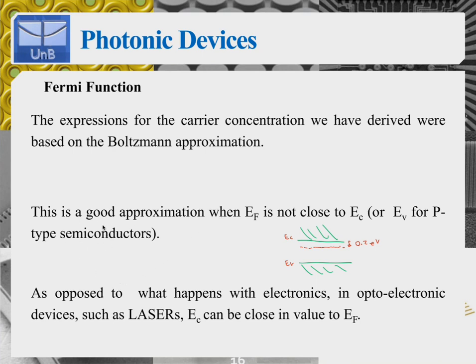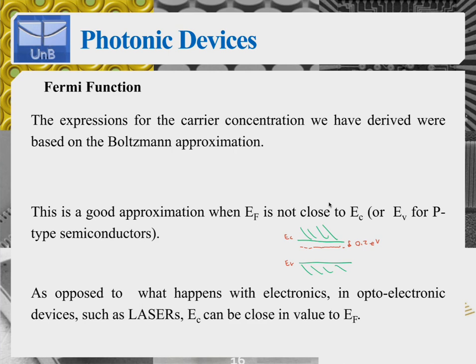You need to take into account that, as opposed to what happens with electronics, in which you usually do not go that far in terms of doping, in optoelectronic devices, as we'll see, such as in diode lasers and so on, EC can be close to EF and EV can be close to EF in some of these devices.